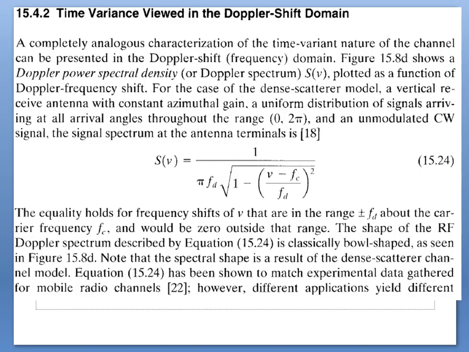The width of the Doppler power spectrum Fd is referred to in the literature by several different names: Doppler spread, spreading rate, fading bandwidth or spectral broadening. The equations which we are using above describe the Doppler frequency shift.